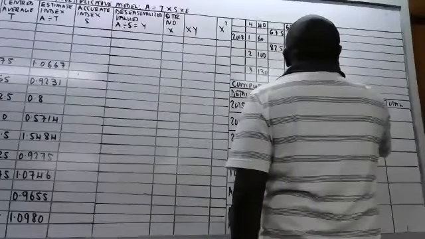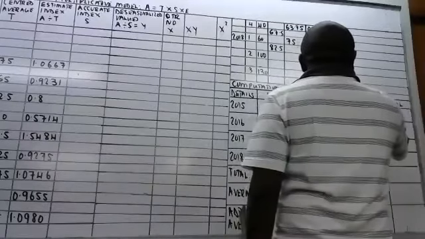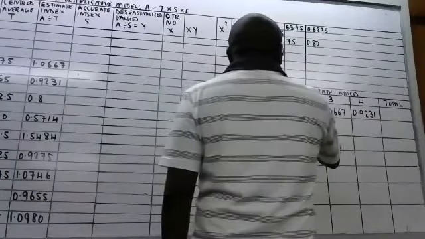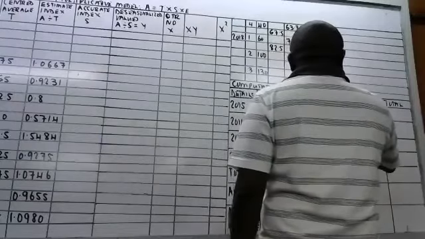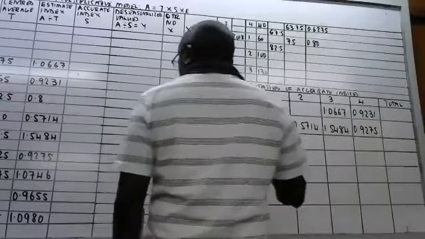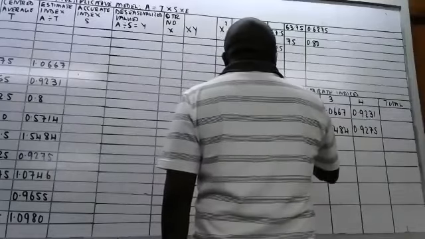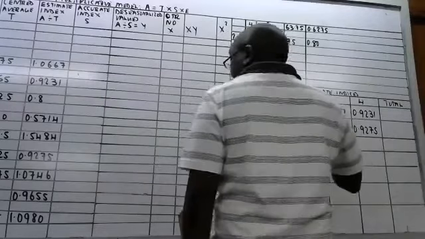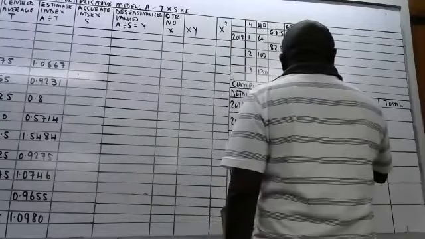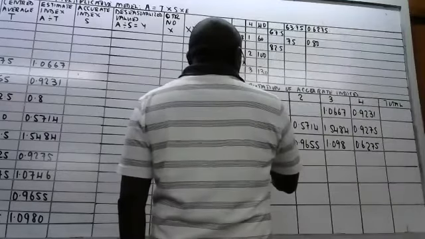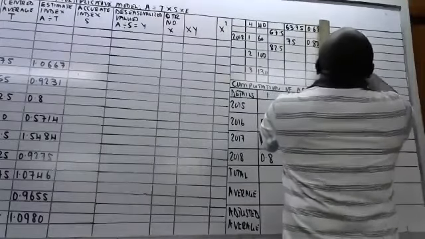So beginning from here, quarter 3, I have 1.0667, followed by 0.9231, followed by 0.8, 0.5714, 1.5484, 0.9275, 1.0746, 0.9655, 1.098, 0.6275, and 0.8.